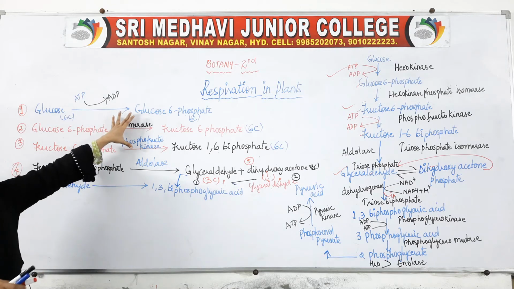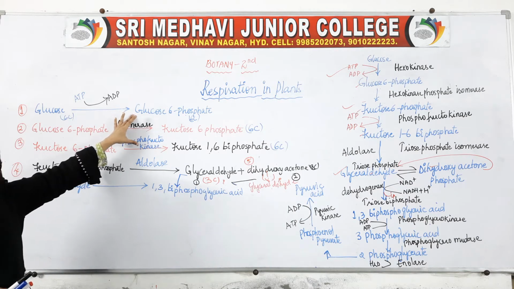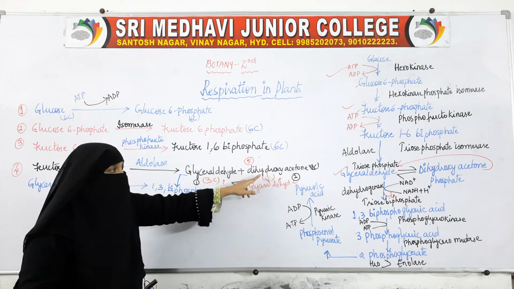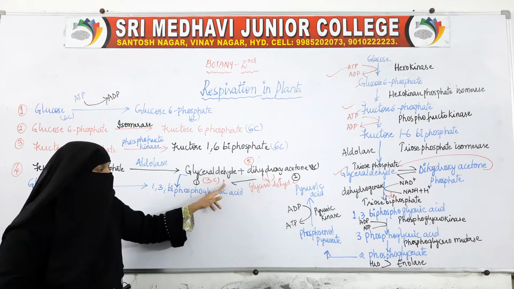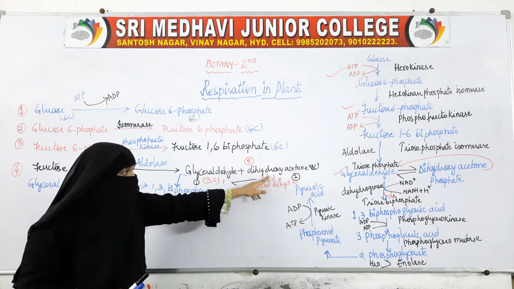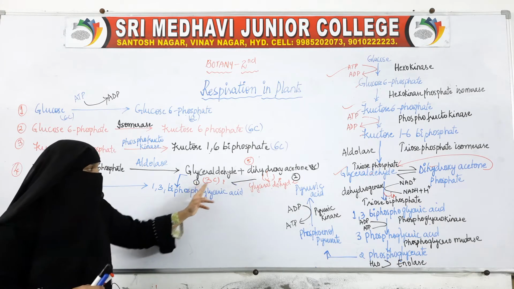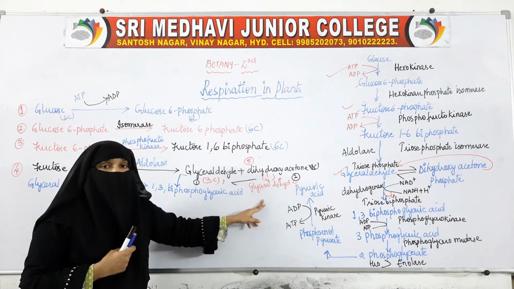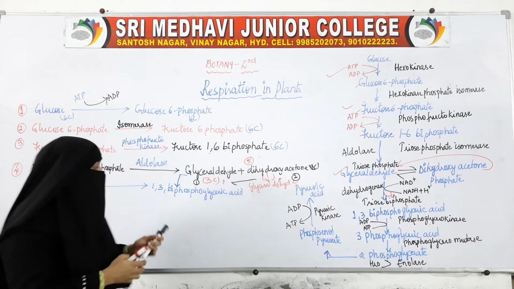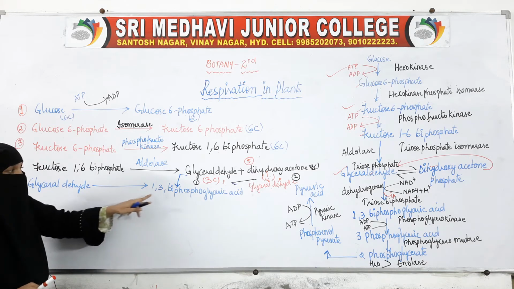Now it was 6-carbon hexose sugars. Now from here it is triose phosphates, triose sugars, 3 carbon, with 1 phosphate. This is also a triose sugar with 1 phosphate. So, these glyceraldehydes are triose phosphates.